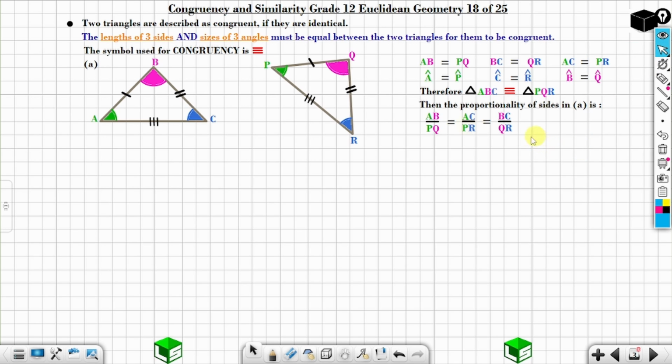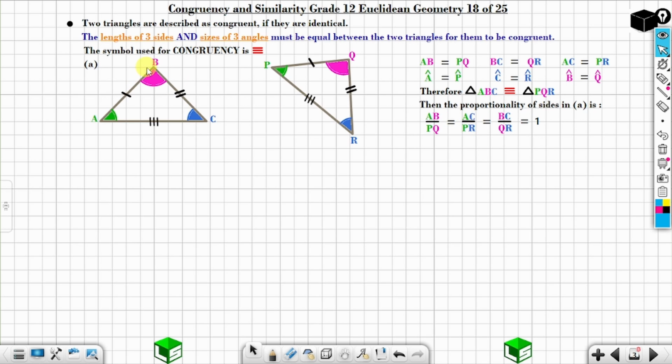So now, this is equal to 1 because AB is equal to PQ. Let's say you have 5 over 5, or 3 over 3, or 10 over 10. This is 1. You can see AC is equal to PR, so AC over PR is 1.